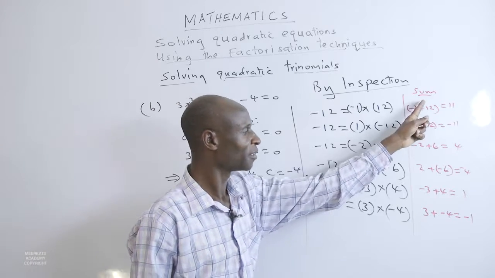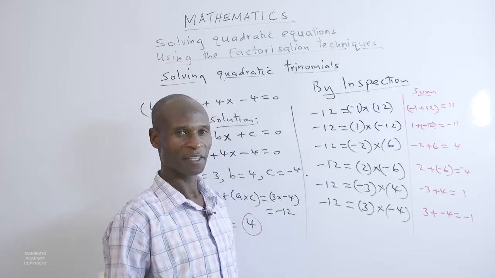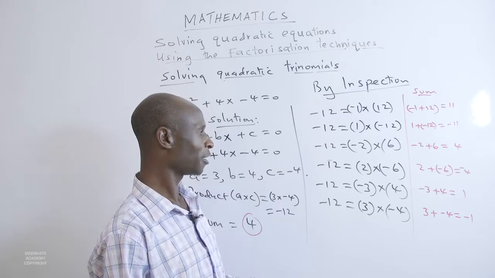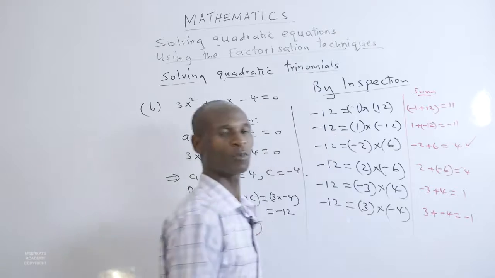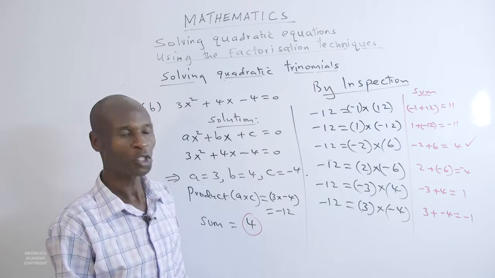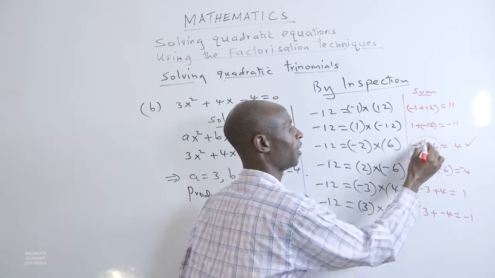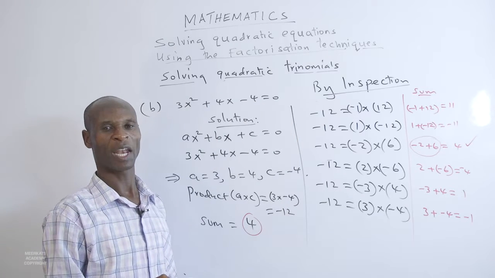And again, just by observing or by inspection, we find that the pair which gives us the sum to be 4 is that. So we are going to use negative 2 and plus 6.